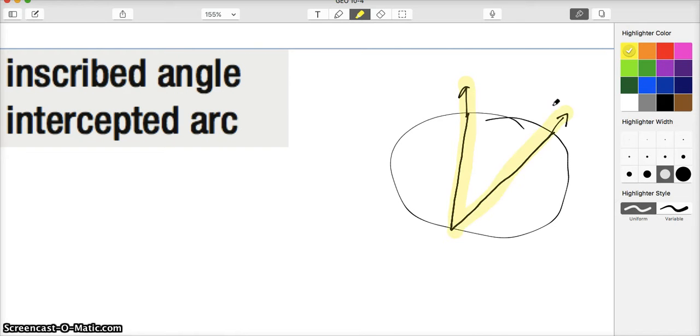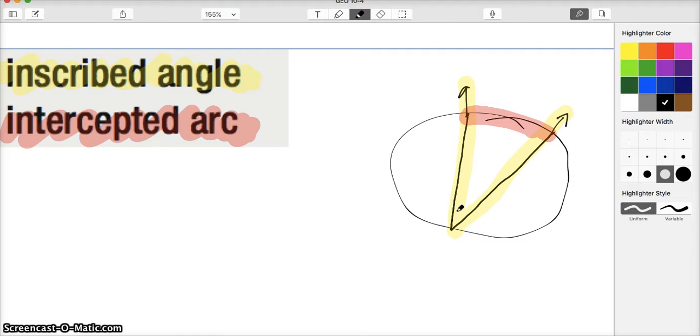All right, now that we have that, we need to figure out what the intercepted arc is. The intercepted arc is the arc that is intercepted, right? So this would be the intercepted arc. And there's a relationship that we're going to explore in the textbook.